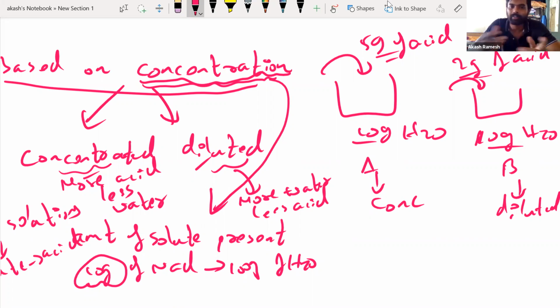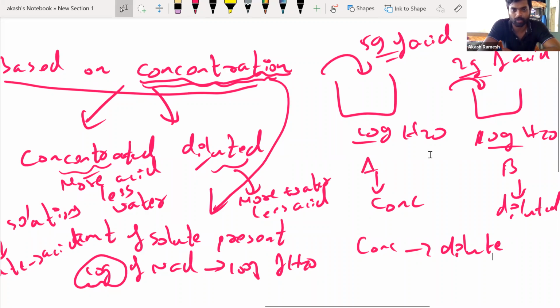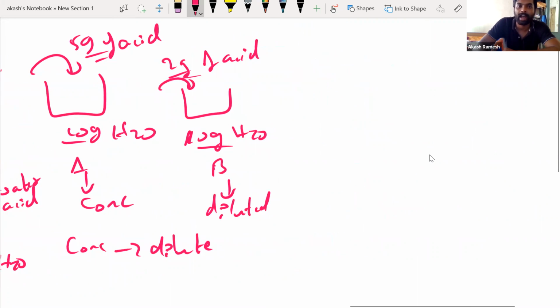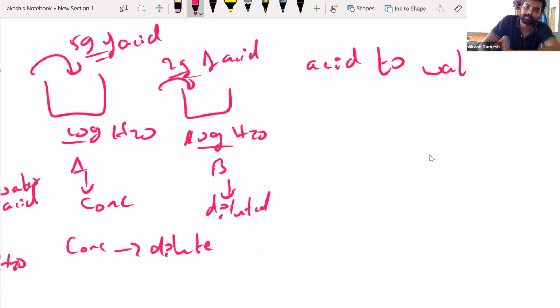Okay, right? So now here is a famous question. Say I have a concentrated acid. I want to dilute it. Now there are two ways of doing it. It's a very famous question. I think everybody will know the answer. There are two ways of doing it: adding acid to water or adding water to acid.